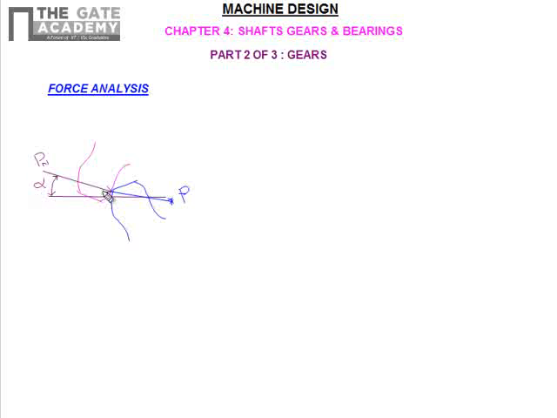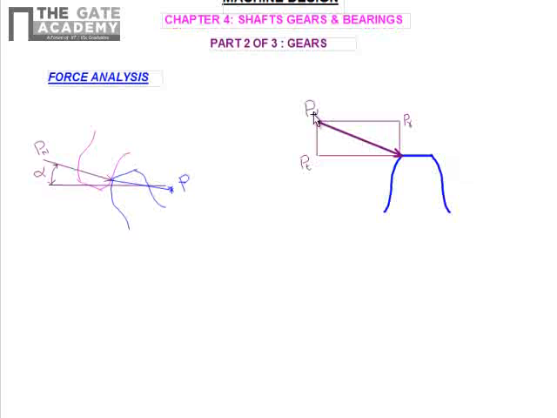So this normal force exerted on this driven gear tooth will have two components. One is a radial component and one will be the tangential component. We will see that. So this is the Pn.